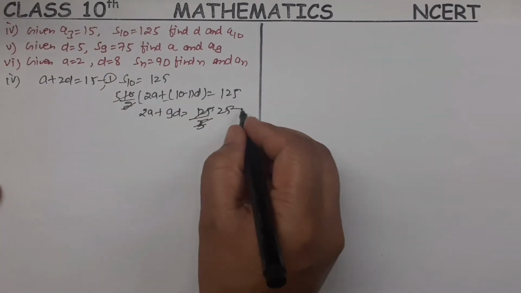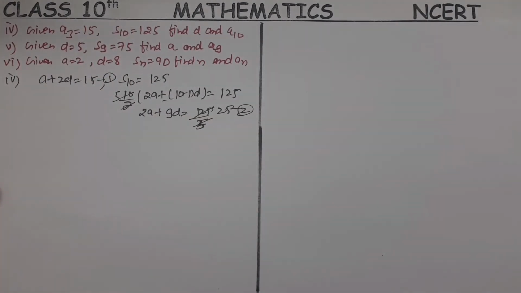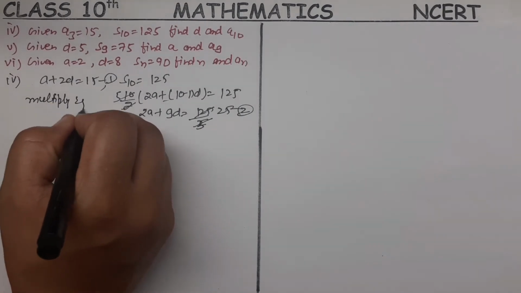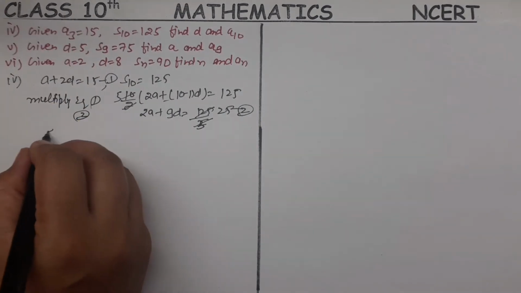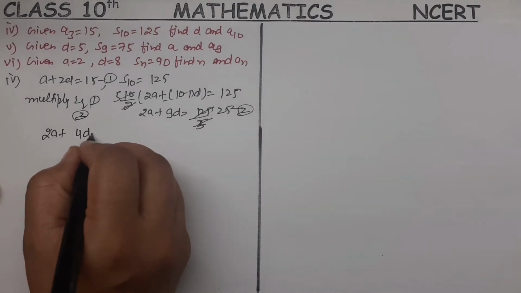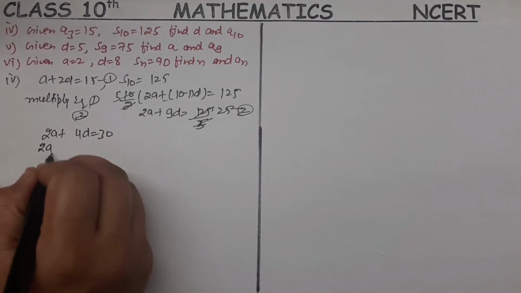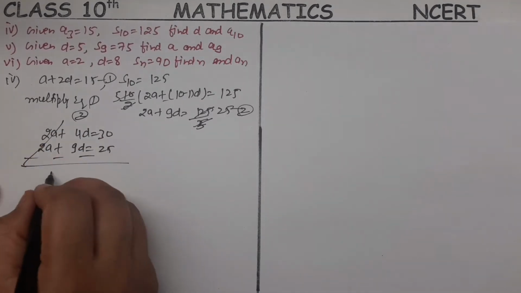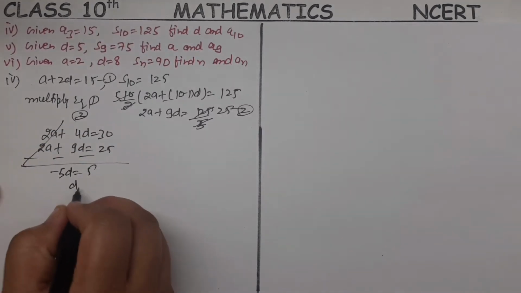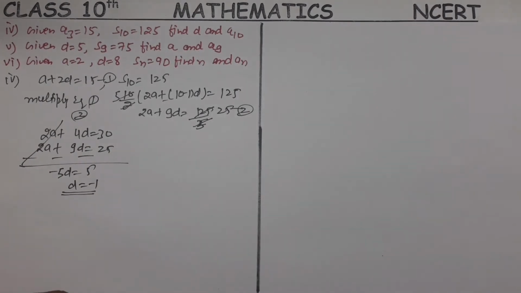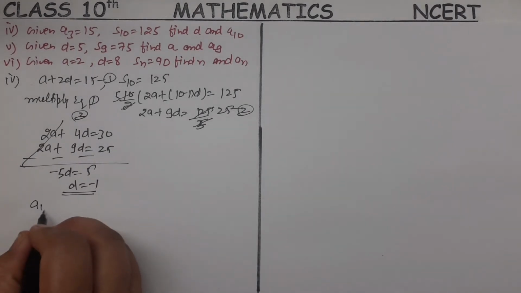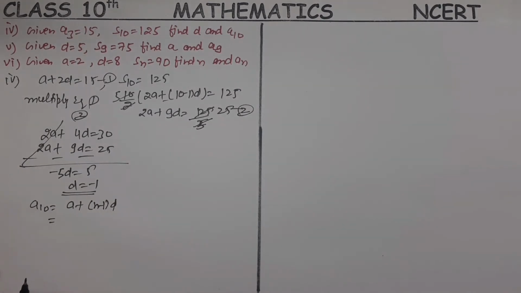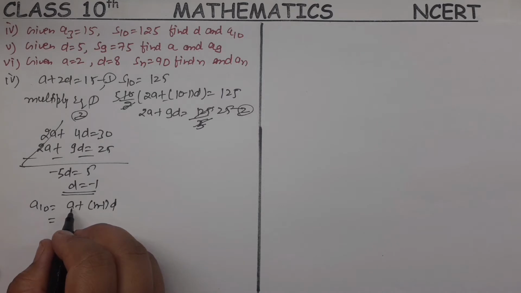Now we solve these two equations by using elimination. Multiply equation 1 by 2. It makes 2a plus 4d equals 30. 2a plus 9d is equal to 25. Here d is minus 1. Now a10: a plus (n minus 1)d.